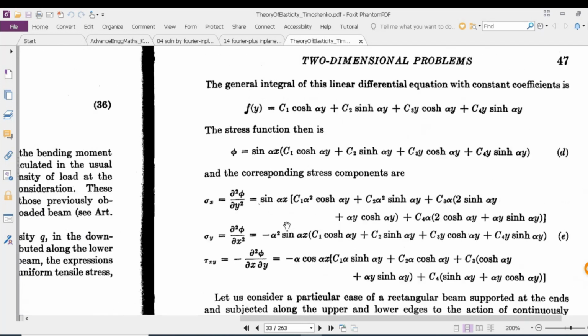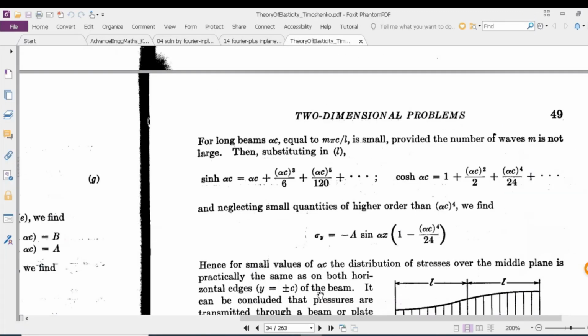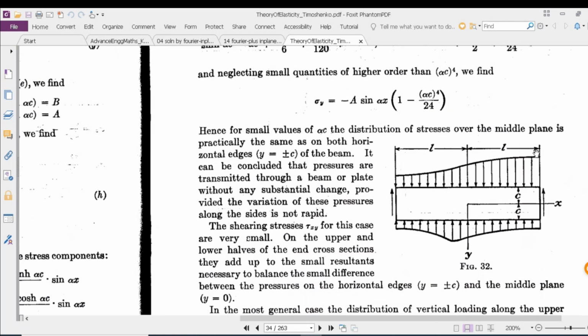We have already worked out the stresses in the form of constants C1, C2, C3 and C4. All we have to do in this case is to convert these loads into Fourier series and then use the boundary conditions to get our final stresses. So this will be similar to what we have over here.